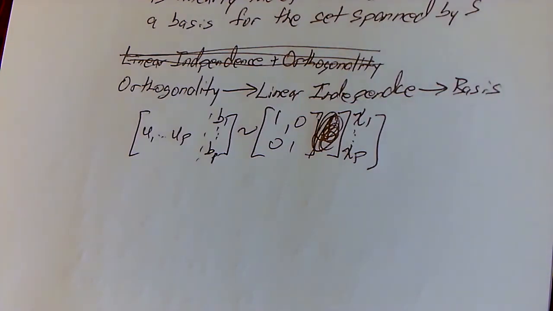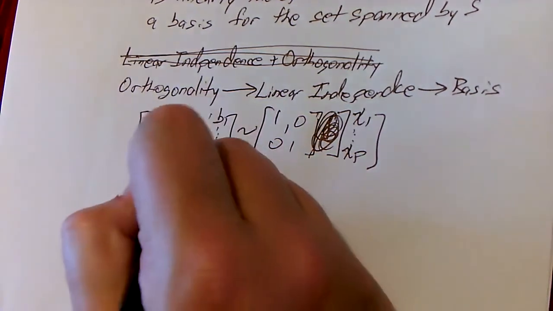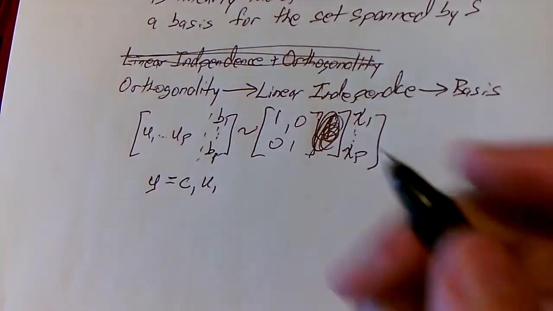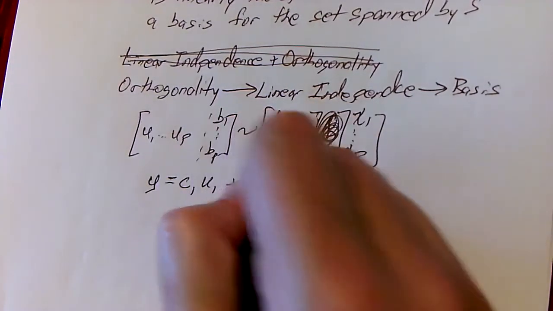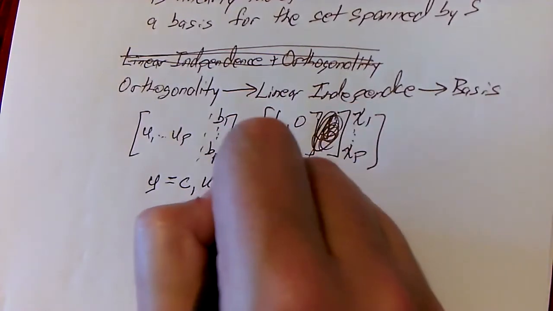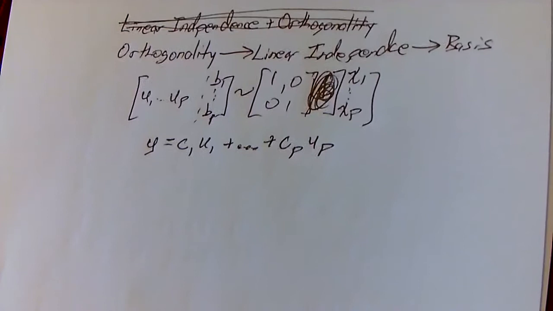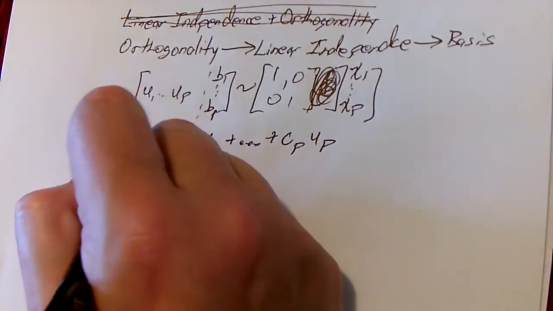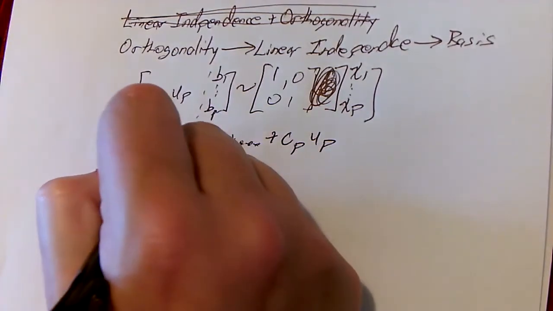All right. We don't want to do that every time if we can help it, and the dot product process is fairly easy. So if I consider that equation that I had before, just the linear independence equation, U1 through UP, well, I know I can take a dot product, so pick your favorite one to dot by.